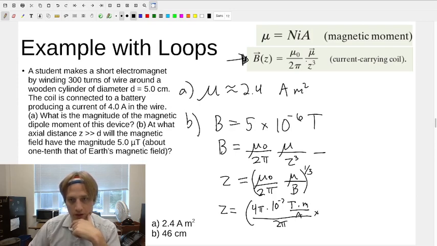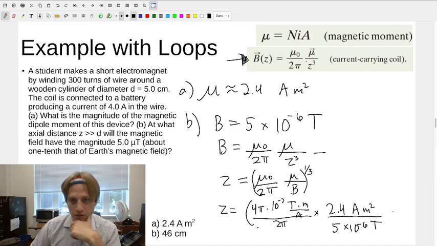Then I would multiply by the 2.4 amps meters squared that I found here, and divide by B, that 5 times 10 to the minus 6 Tesla, and take that to the 1/3 power.